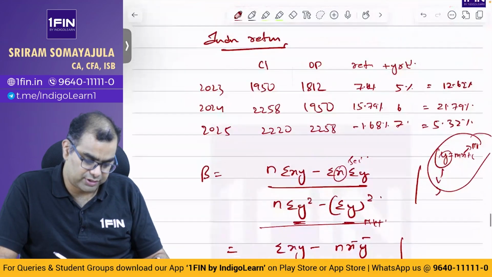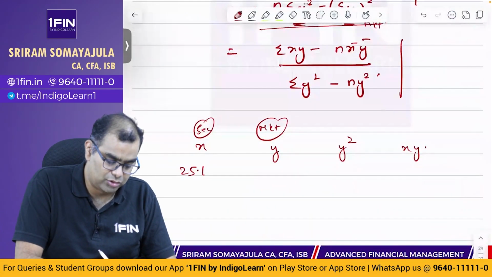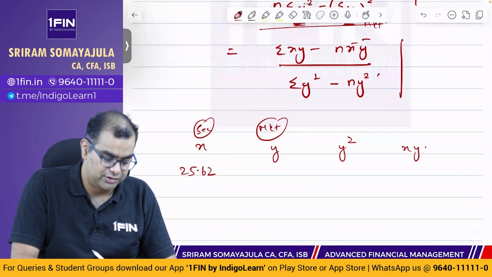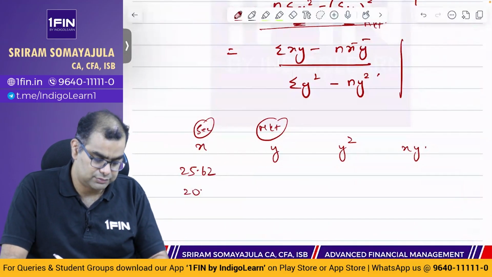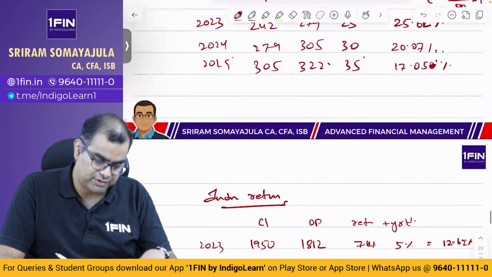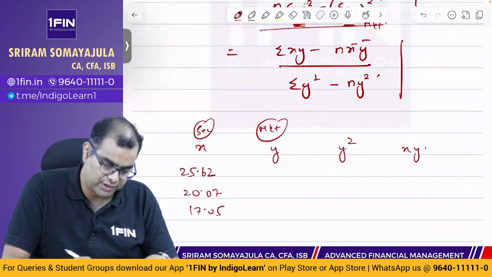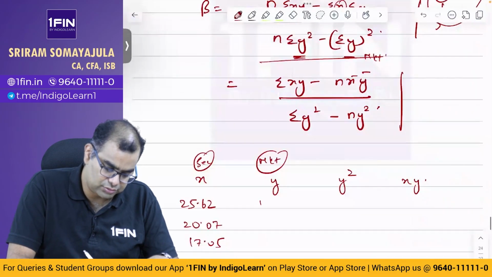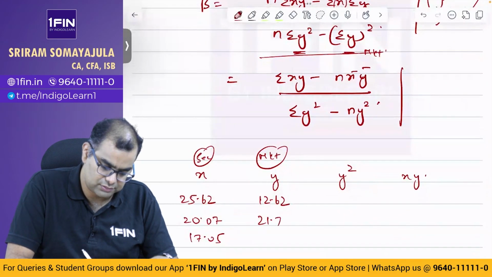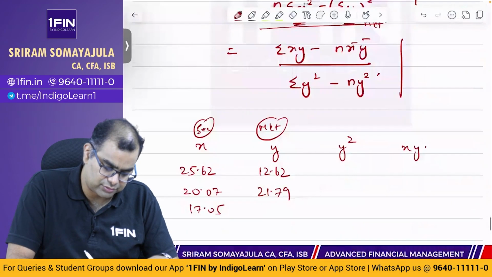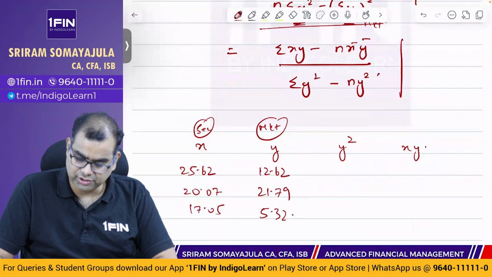What is the security's return? 25.62, 20.07, I am ignoring the percentages, eventually I will add them, and 17.05. And y is what? 12.62, 21.79, 5.32.